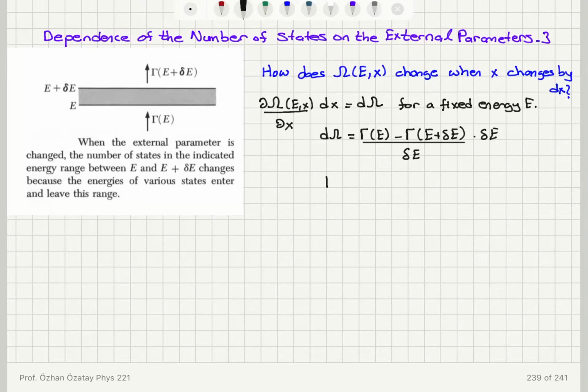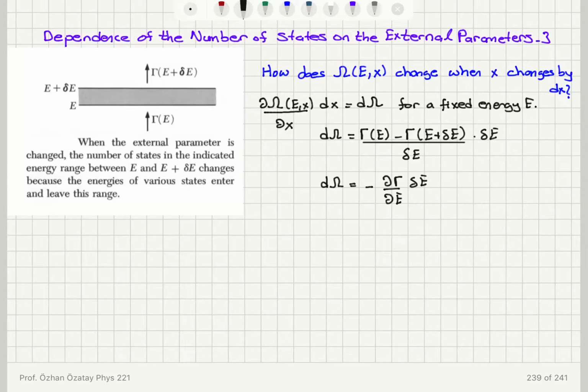So I see that the change in the number of accessible states will be minus the derivative of gamma with respect to energy multiplied by delta E. So this will be the answer.